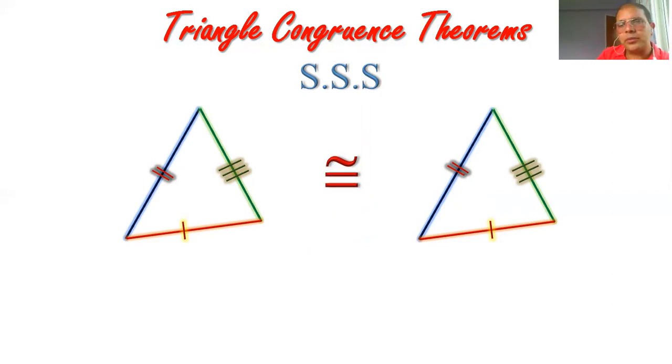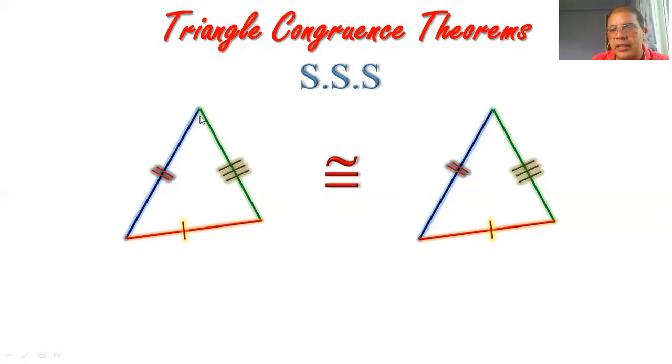Now you know, if these two triangles are congruent, then their corresponding angles are also equal. That means the opposite angle of this red line is this angle, and the opposite of this red line is this angle. So this angle is equal to this angle.